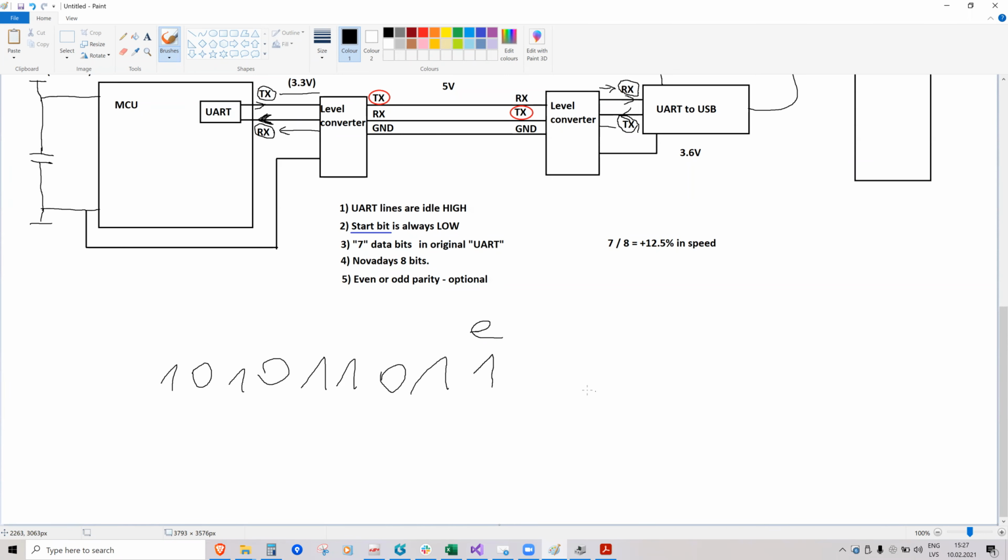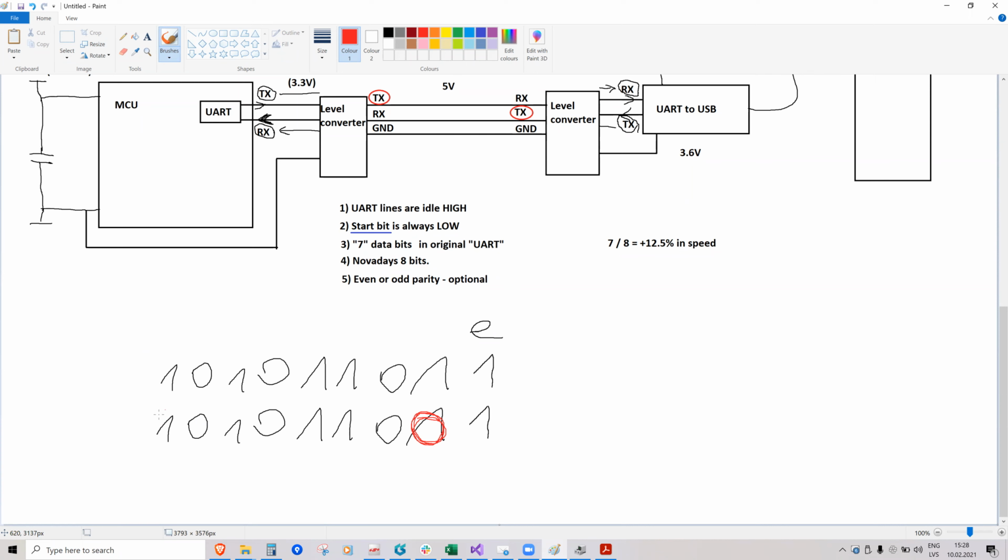But here's the problem. What if I send this message, but during the transmission, an error occurs? So I send it, but during the transmission, one of these ones became 0. The receiver counts ones: 1, 2, 3, 4.